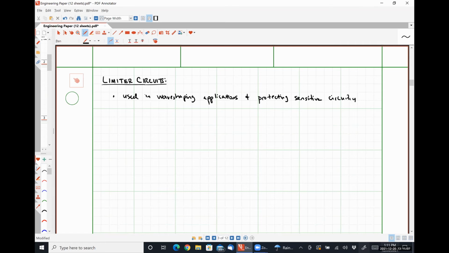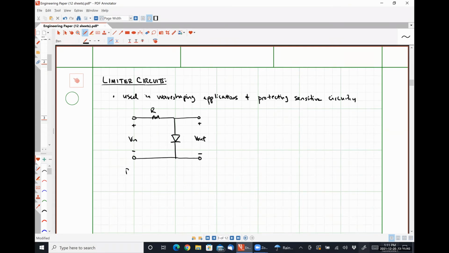So the two simplest forms of limiter circuits are these guys. We have a resistor R in series with a diode. Our input voltage Vin is applied on this side. Our output voltage Vout is taken here.